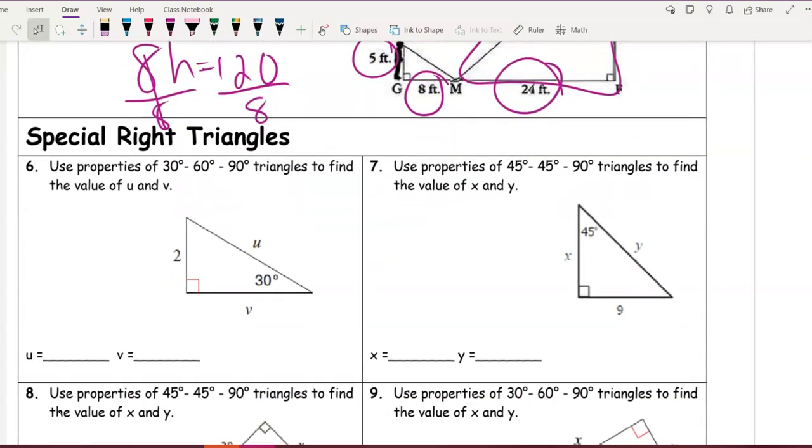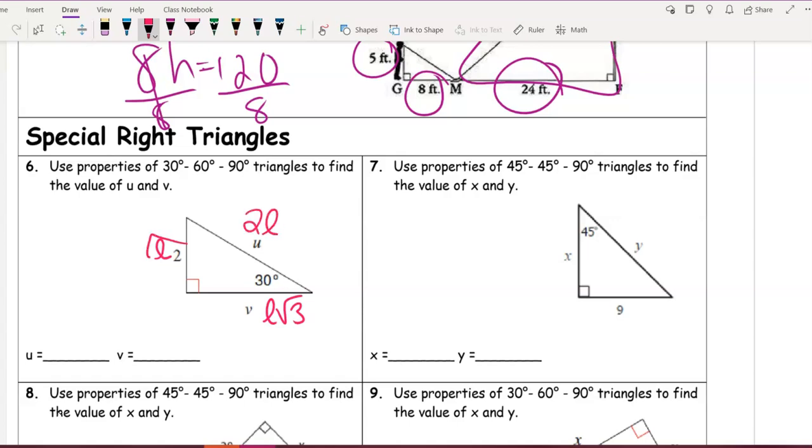All right, number 6, special right triangles. Use properties of 30-60-90 right triangles to find the value of U and V. If you remember from the special right triangles, when we have 30-60-90, the short leg is L, the long leg is L square root of 3, and the hypotenuse is 2L.